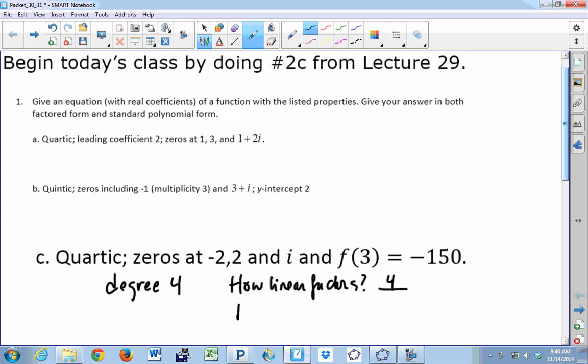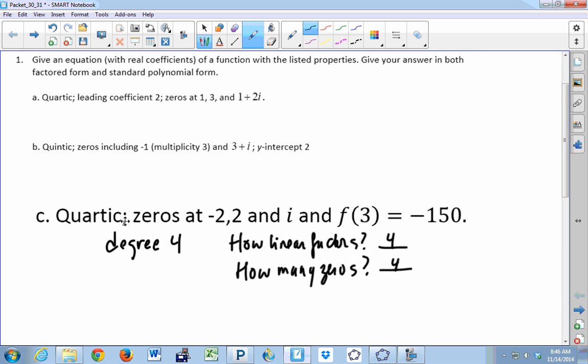How many zeros? 4. Now remember, sometimes you have 4 zeros, but 2 of them could be the same, but you still count them separately. 1, 2, 3, 4. So how many zeros did I give you after I told you its degree? I gave you 4.